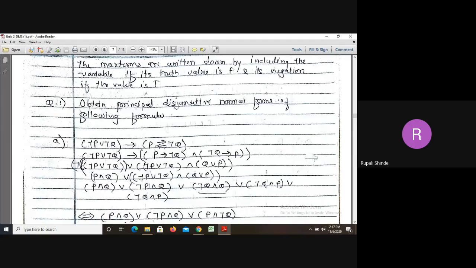Now again negation P and P, sorry, negation P and Q, negation P and P. That bracket I think I have not written here. Okay. And then negation P and Q.